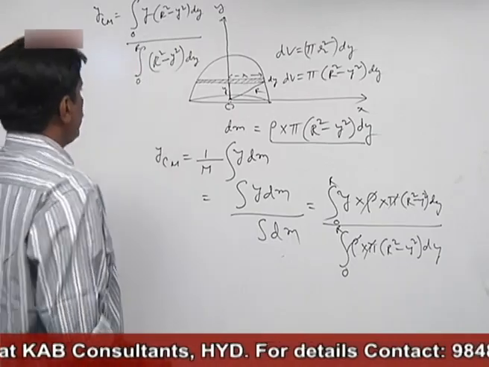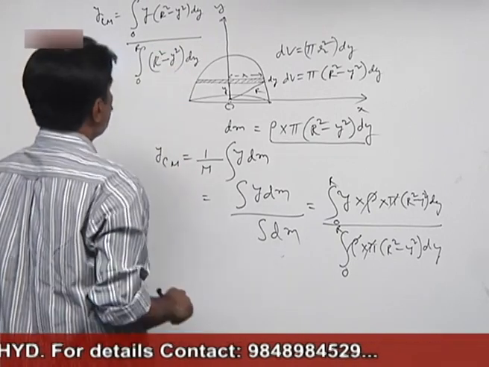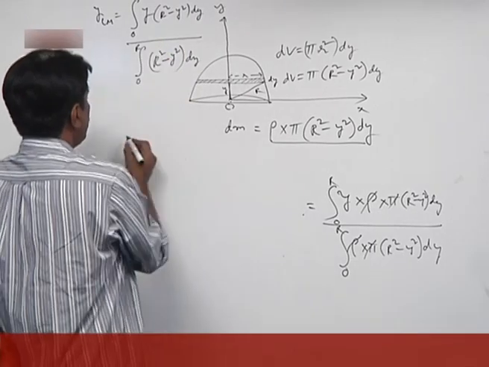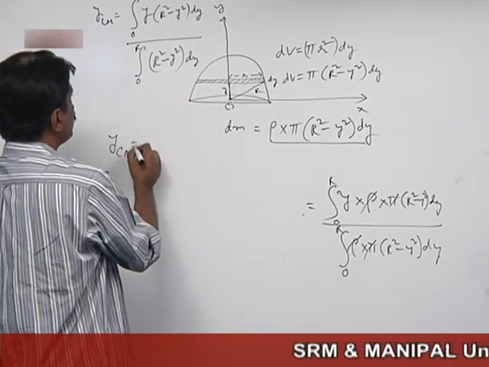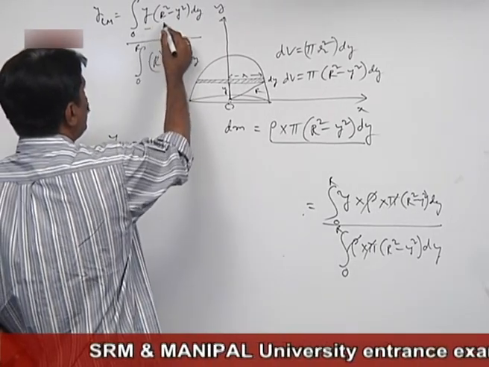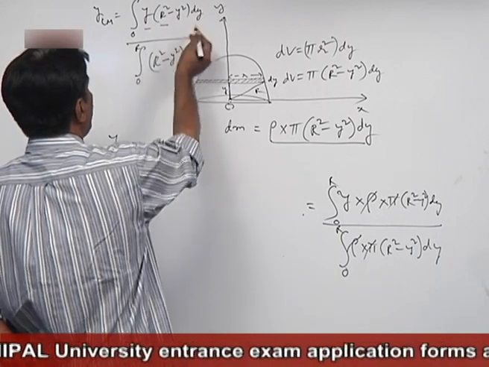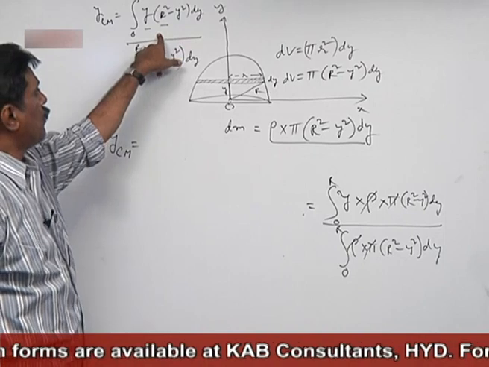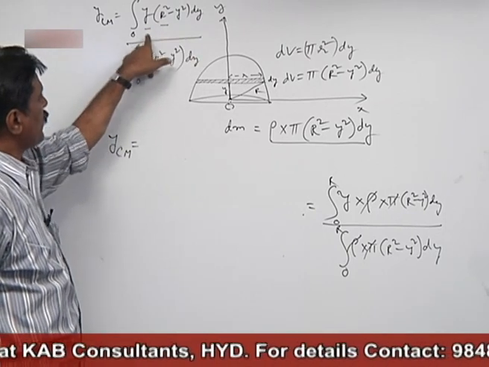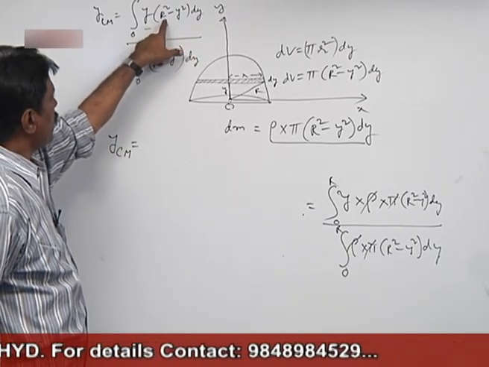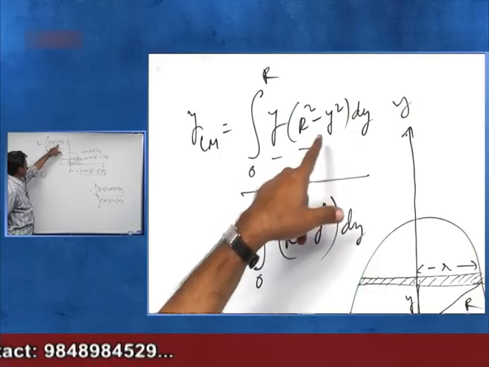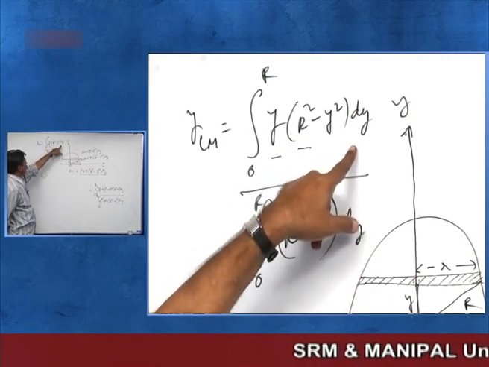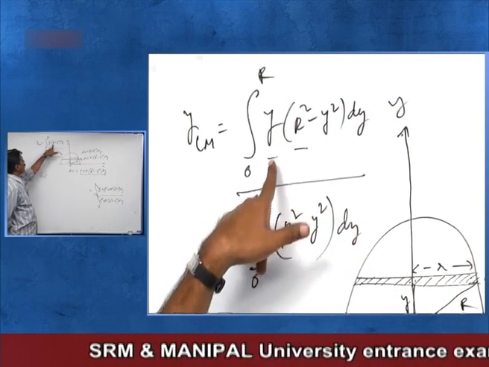If you integrate this, you have two integrals in the numerator. Y into r square is one term, and y into y square is another term. So you have the integral of y r square dy minus the integral of y cube dy.